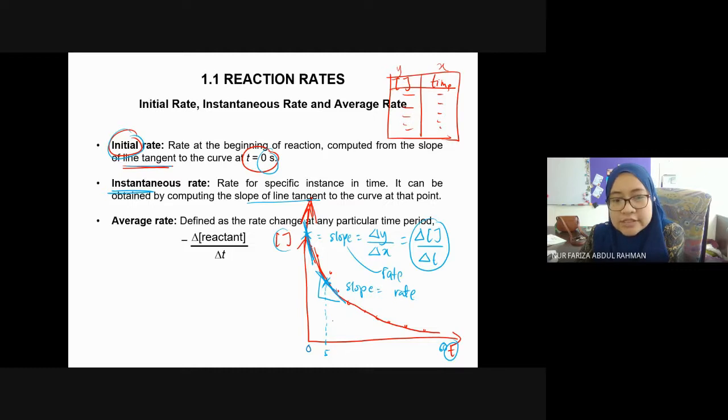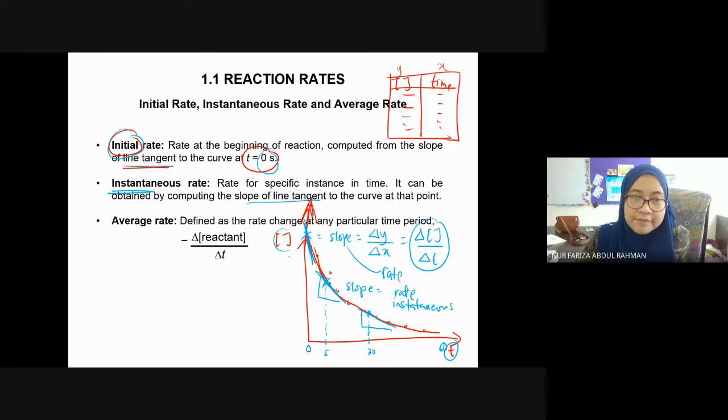Okay, so this is what we call instantaneous rate at t is equal to 5. Boleh juga at t is equal to 30. Sini. Buatlah. Ni dia punya dot, lepas tu buat line. Okay, then find out the rate. So this is instantaneous rate also.